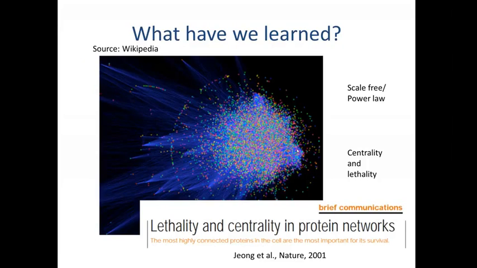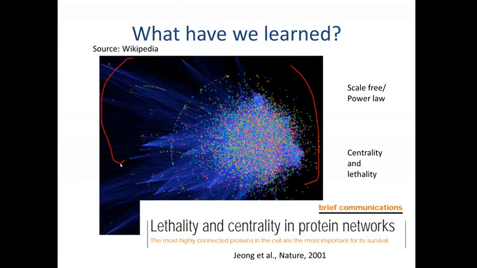All right, so we've talked about the methods, but what have we learned from all these interaction studies? Well, a lot. And here's some early work where a couple of really interesting properties were identified. So here's a depiction of a whole organism interaction map, in this case a human interaction map.